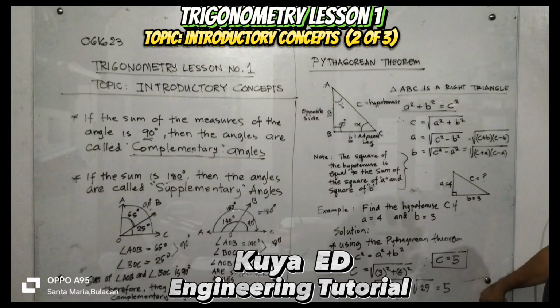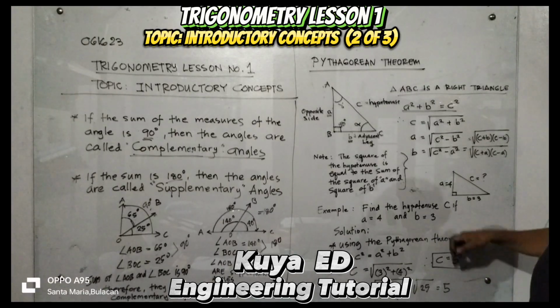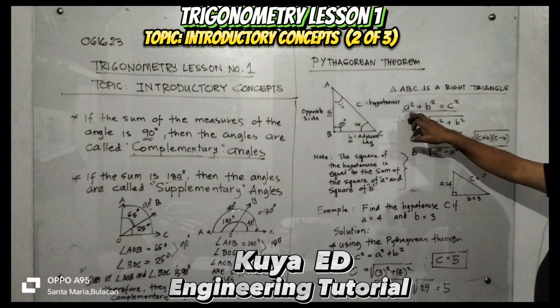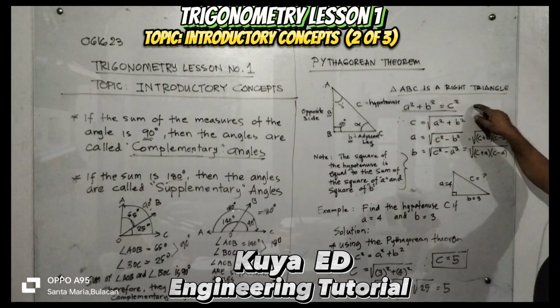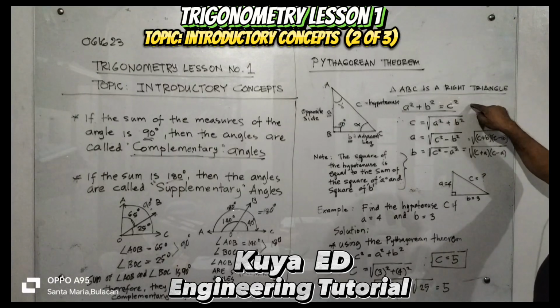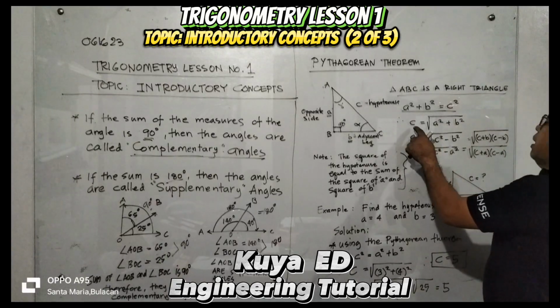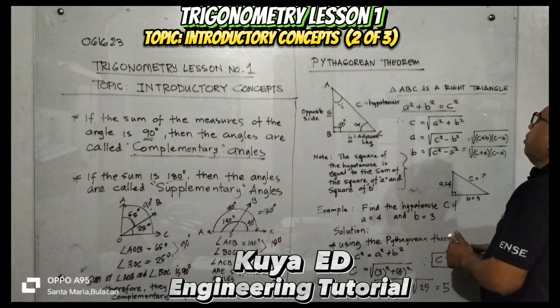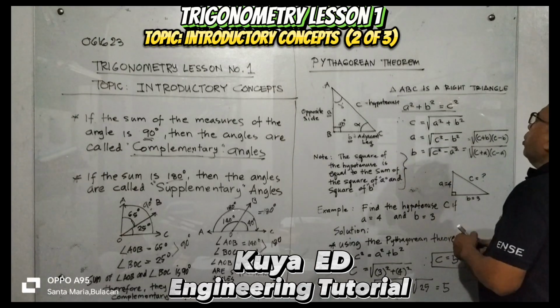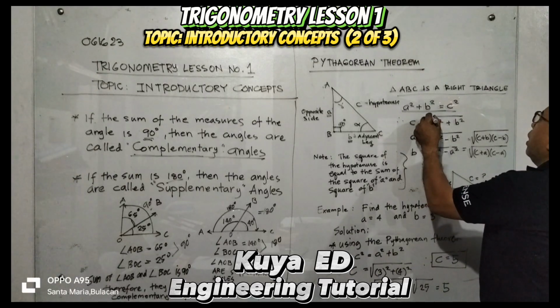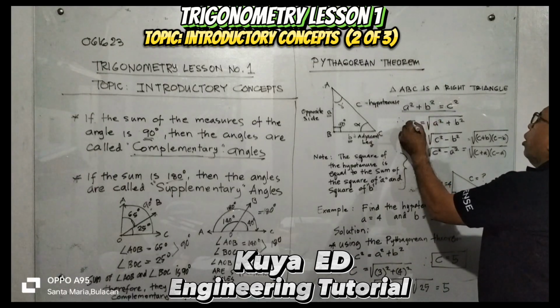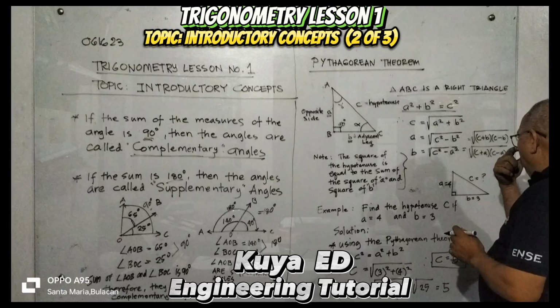Kasi napaka-importante nito, lalo na sa tinatawag nating trigo. So, ang A squared plus B squared is equal to C squared according to Pythagoras. And from that, na-develop na natin ang value ng C by considering what we call the radical sign here to eliminate the square of C. No?